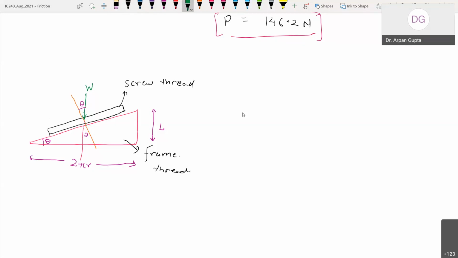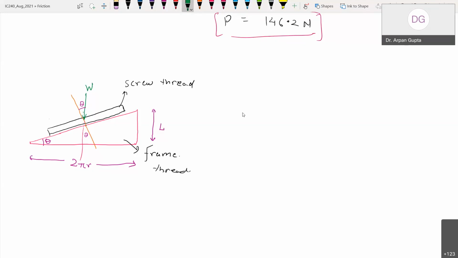And if the screw is trying to unwind, again the friction is going to oppose the motion and will try to push up the screw thread so that it is stationary. Friction opposes relative motion.